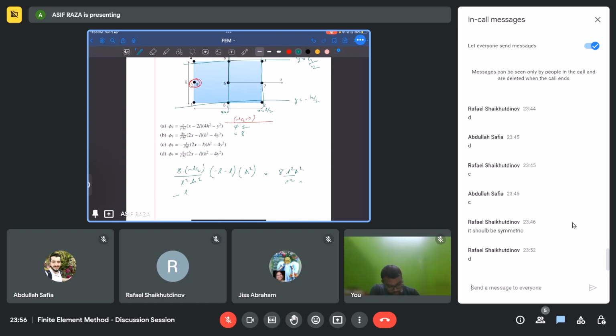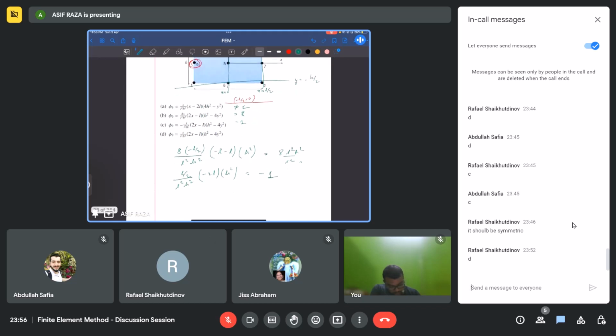So as a whole, this would be L by 2, L square h square. Then this will be minus 2L h square. This will give me minus 1. And the last one, minus L by 2 L square h square minus 2L h square, 1.